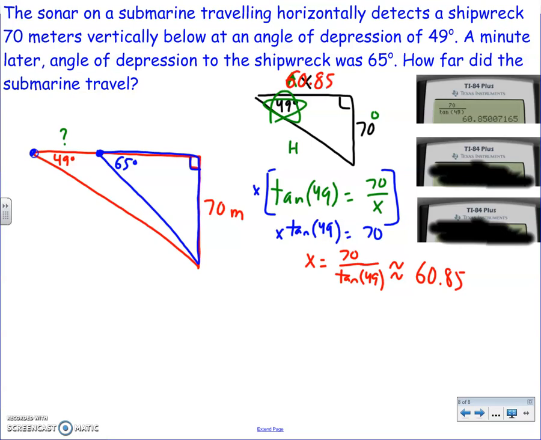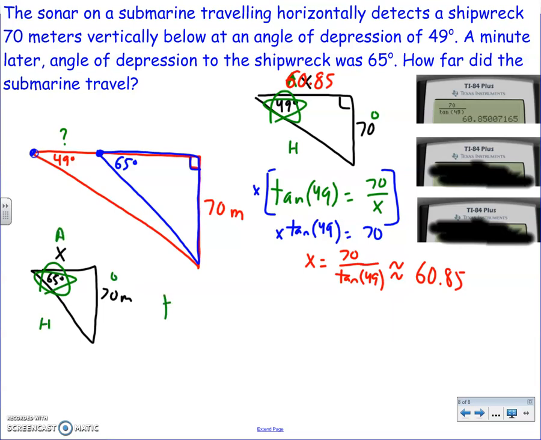I'm not going to focus on the little triangle, the second triangle. I'll do it over here. This is now a 65 degree angle. This is still 70. This is x. So we're still going to do, let's see, star HAO. It's still tangent.